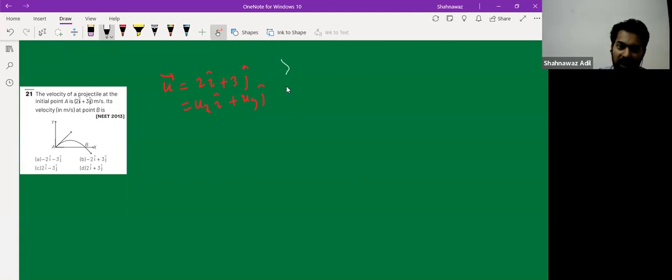So can you recall what velocity doesn't change in the course of this projectile motion? What velocity? Can you guys recall? Do you guys remember that I was telling about this velocity remains the same? I was talking about which velocity?